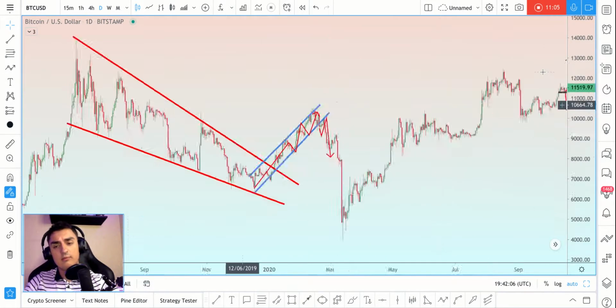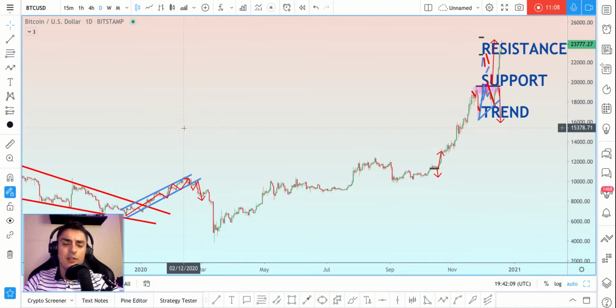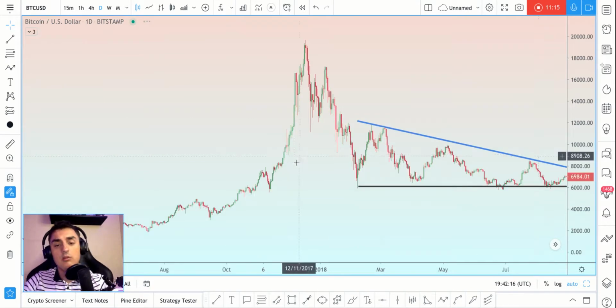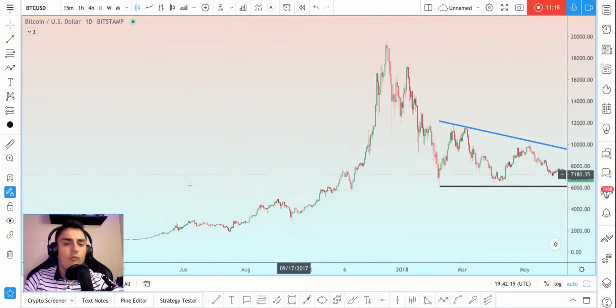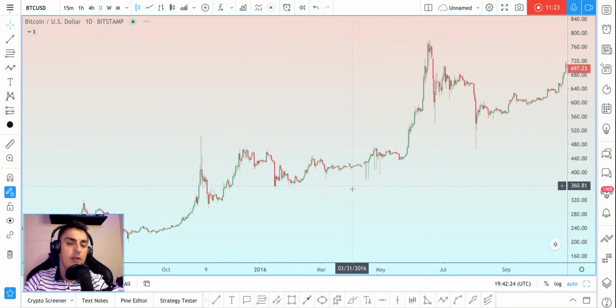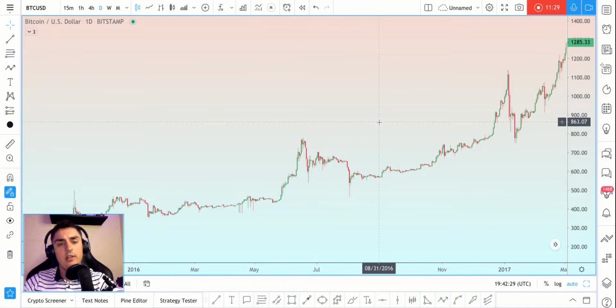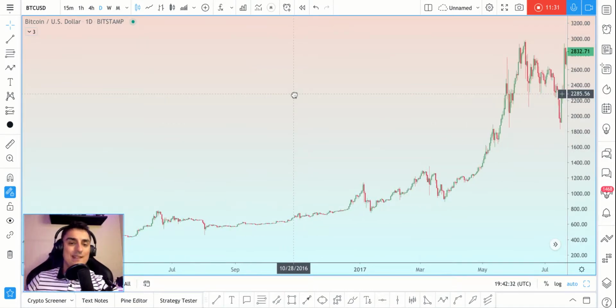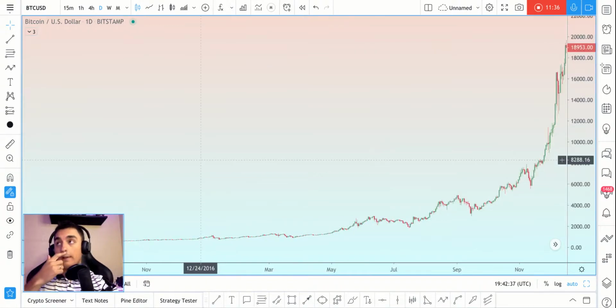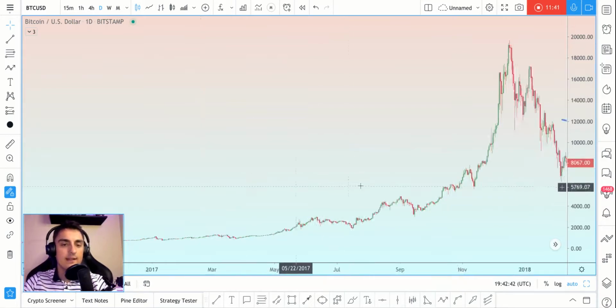If you joined trading just recently, try to open up the whole history of Bitcoin or another asset that you may be trading, and just try to spot every trend, every resistance, every support. When you've done this, first of all, you will practice this very well, and secondly, you're going to understand the basic shape of your asset.